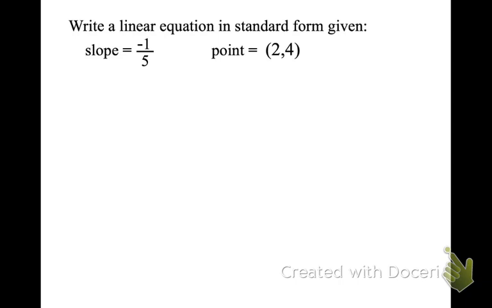Here's another way, and I don't introduce this first because I really like you using point-slope, because the name of it tells you what you have to use. But you can use slope-intercept form. Now the slope, let's talk about. This is the slope.